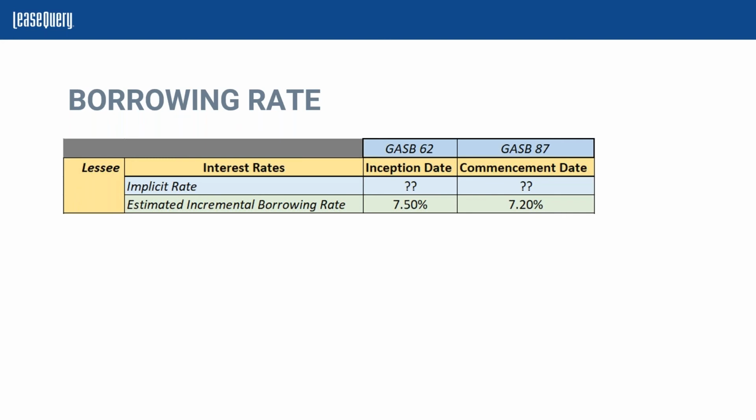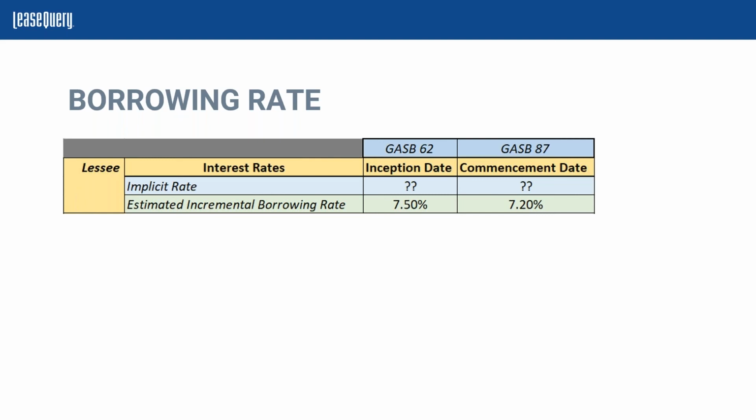This is the rate that will be charged for the borrowing of the same amount over the lease term. As we take a look at this graphic, we have two rows, both for establishing the rates. But now we have to consider the classification of the lease and the start date of the lease.